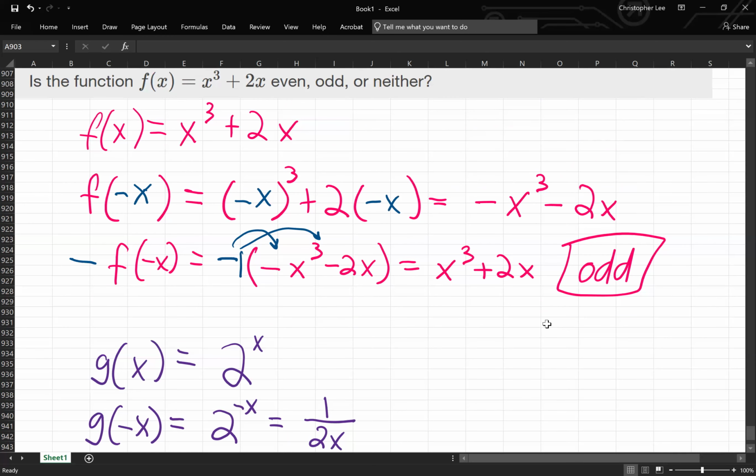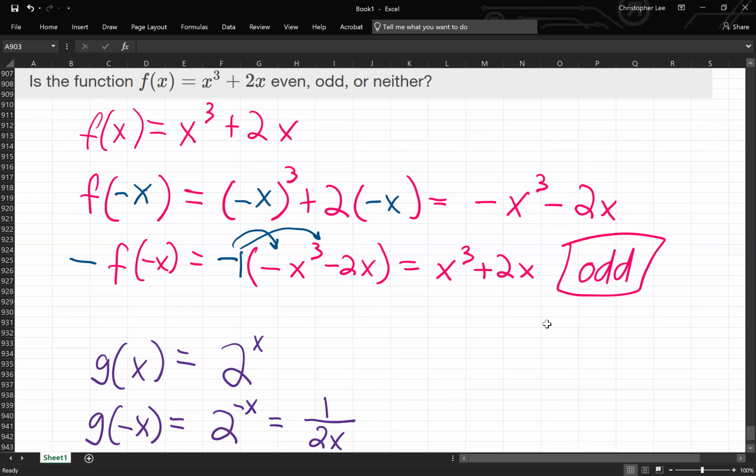I plug in negative x to see if it's even. You take the answer from the even, and then you multiply that whole thing by -1 to verify if it's odd. And if it doesn't work, you already know it's neither.